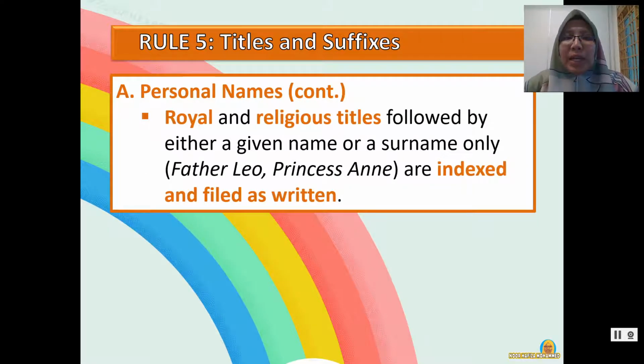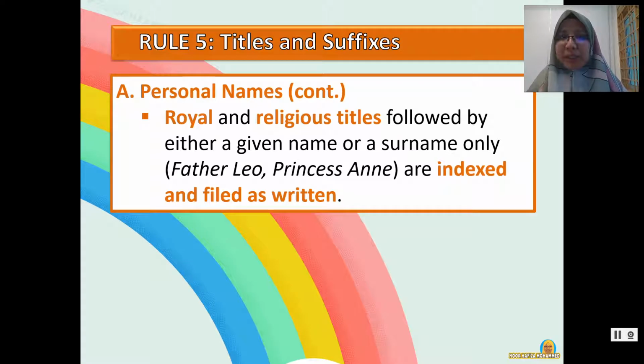Now, in personal name, for title and suffix, we have the royal name and religious name. Usually for royal name and religious name, we only have 2 filing units. But if you have more than 2, you need to index according to the rule.